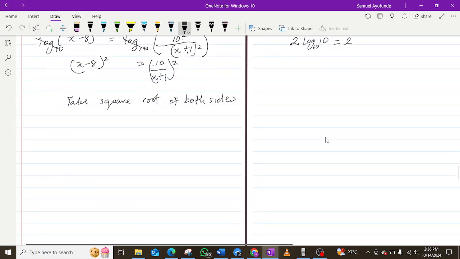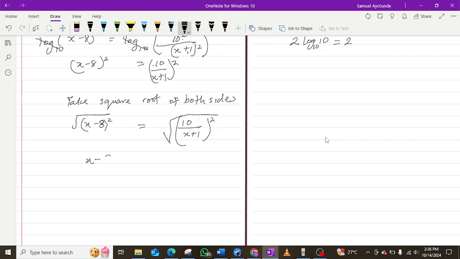If I take the square root of both sides, we take out the raised to power 2. So we then have x minus 8 is equal to 10 over x plus 1.